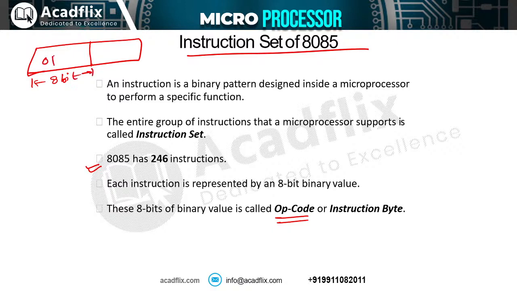If we have an opcode field of 8 bits, we can have a total of 256 operations. Out of the 256 operations, we have used only 246. So we will see this instruction set.